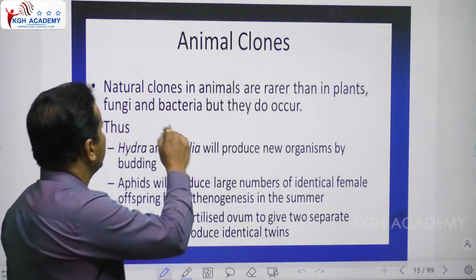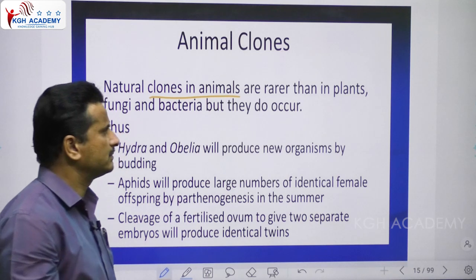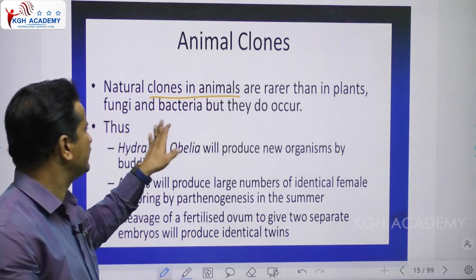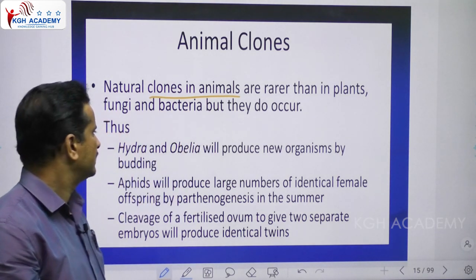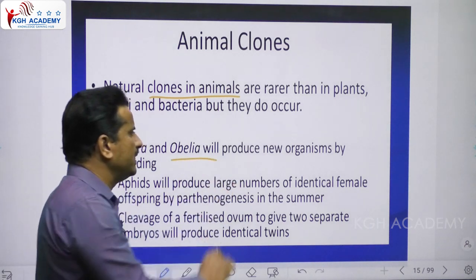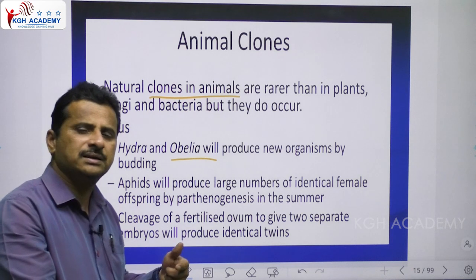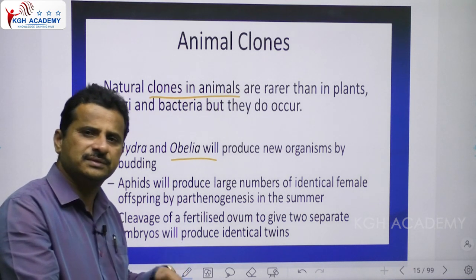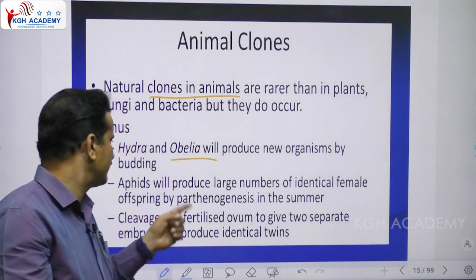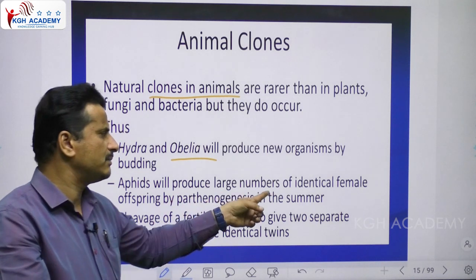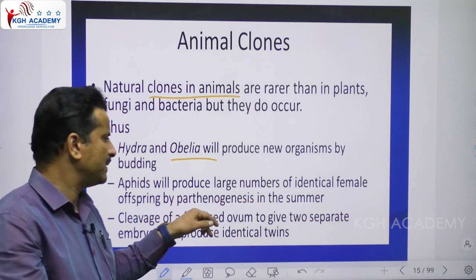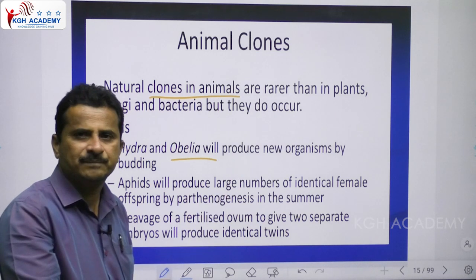Very clear. See, natural clones in animals are rarer than in plants, fungi, bacteria. For example, Hydra and Obelia produce new organisms by budding. Budding is producing the same type of organism, that's why it is indirectly one type of cloning. Aphids produce a large number of identical female offspring by parthenogenesis in summer.